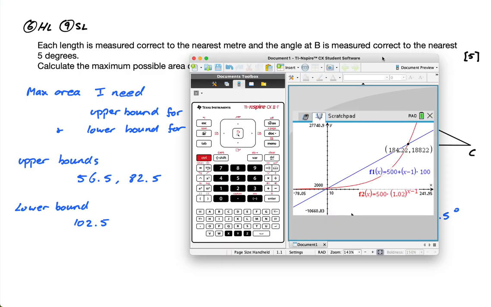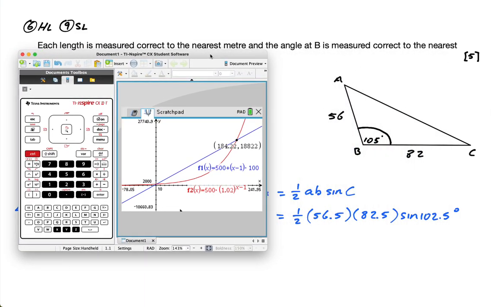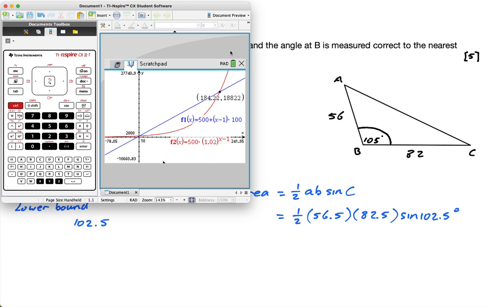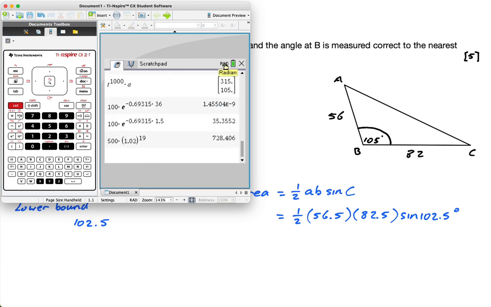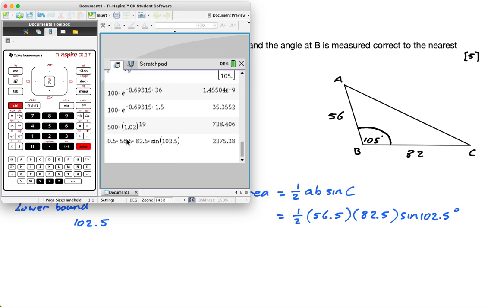Just make sure your calculator is in degrees. Guys, if you're in SL you're always in degrees, but if you're in HL you do need to know what a radian is. So we're in degrees, so I'm going to do 0.5 times 56.5 times 82.5 times sine 102.5.